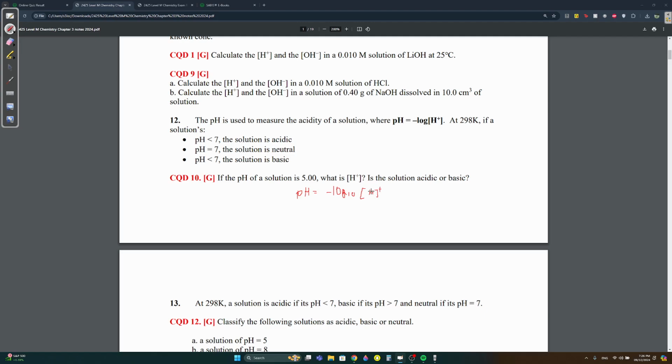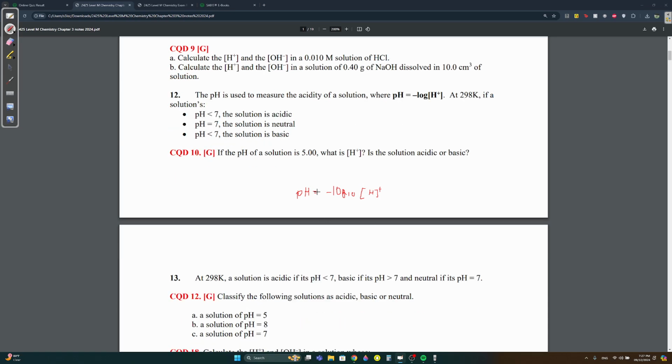I'll now give you a formula so that you can find the concentration without applying this. If they gave you the concentration of H plus to find pH, you do this. Let's say they gave you the concentration is 10 to the minus 4, you do minus log, you put it on your calculator, and you get 4.